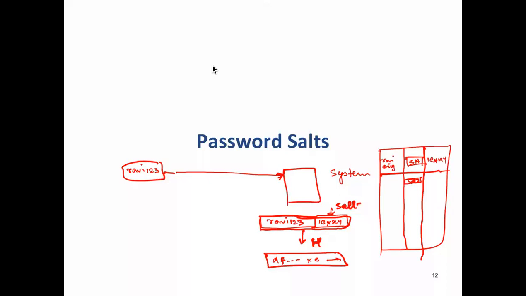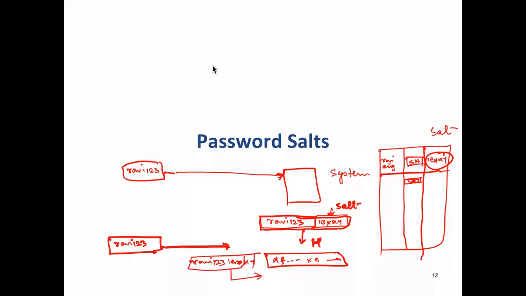Now, after some time, I want to log in. So I will present my credential as Ravi123. It will go to the system. The system will look at what the salt is for me. Salt is here. So it will take Ravi123, add the salt, 1@*xy, take this and hash it.